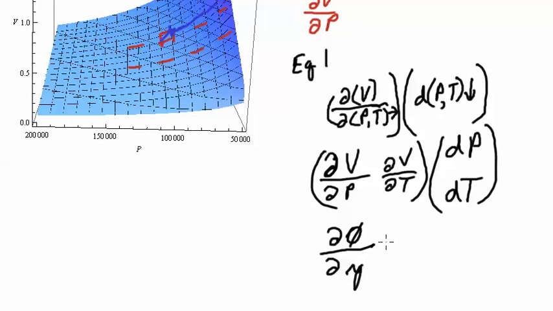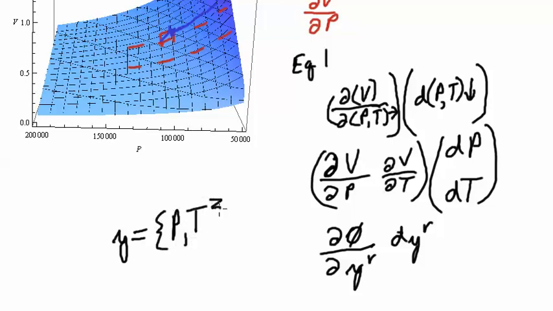Del y sub r, and dy sup r. We'll just call where y is p and t. Y is equal to the set p, t. So that's essentially equation 1.